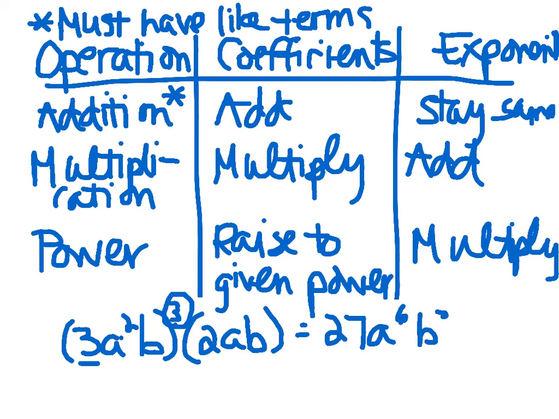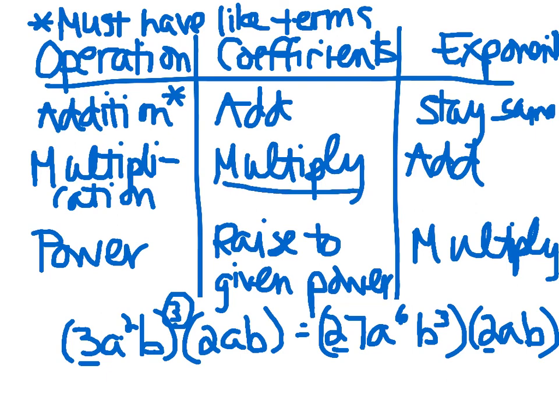B to the third, and I'm going to take that answer and multiply by 2ab. Normally in your notebooks we would do the work going down one step at a time, but I'm out of room. 27 times 2, because now I'm multiplying, and when I'm multiplying monomials, I multiply the coefficients. 54, and I add the exponents. A to the seventh, b to the fourth. And that's that.